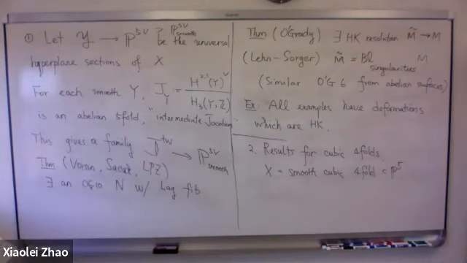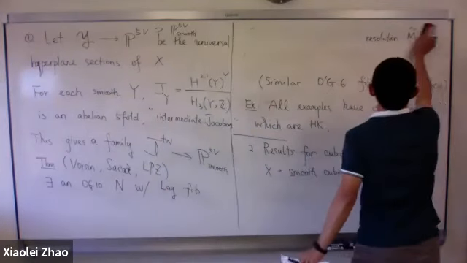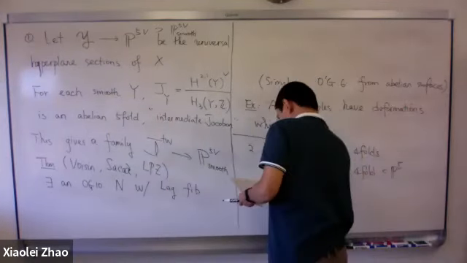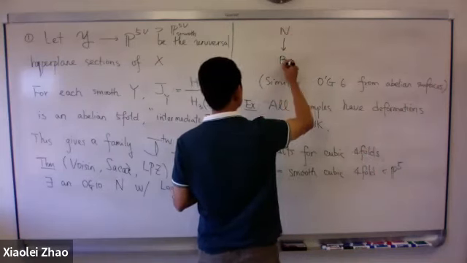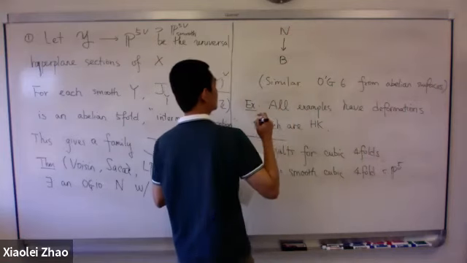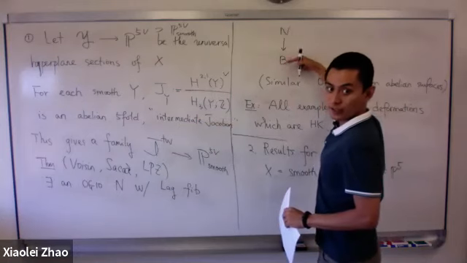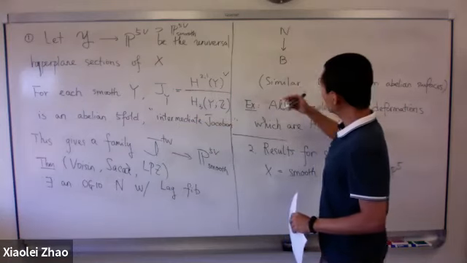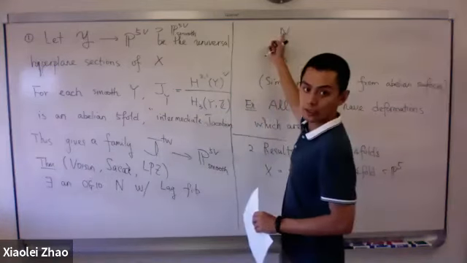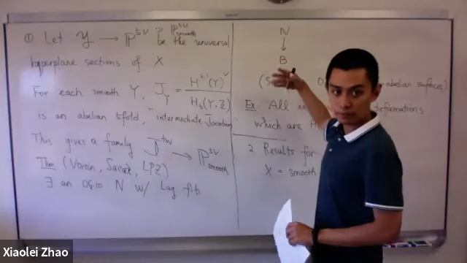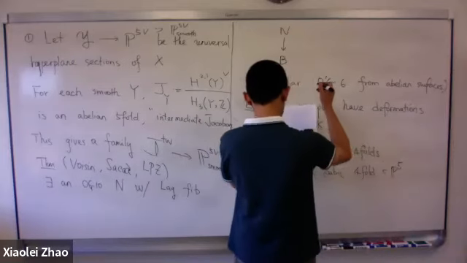Let me write it down here. I have a Lagrangian fibration structure. So this N will be mapped to some base B. We know this B has to be 5-dimensional. By Lagrangian fibration, I mean, if you look at the fiber and the smooth locus of the fiber, that smooth locus will be Lagrangian with respect to the symplectic form that I have on this N. Typically the fibers will be some abelian 5-fold, and that's going to compactify with what we have here.